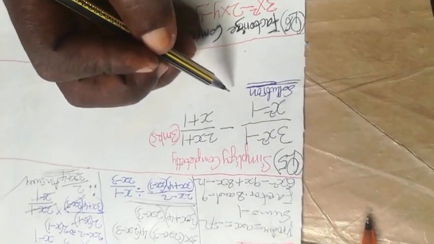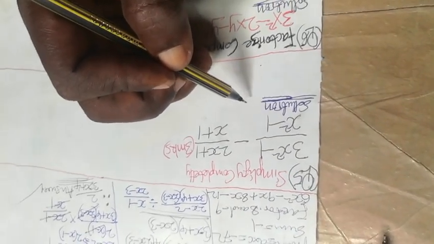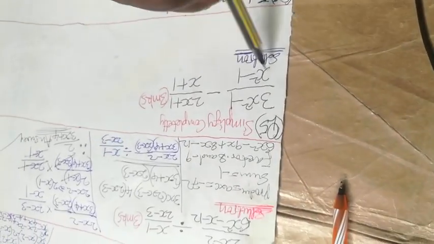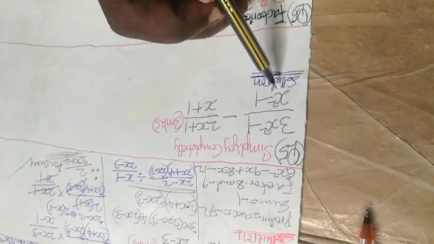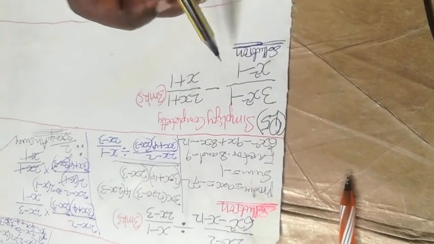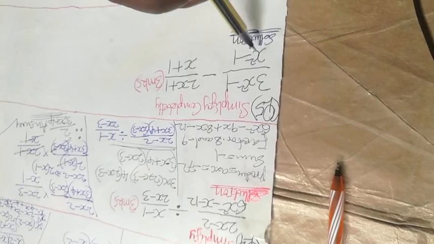Here we say, first start with solving the difference of two squares, which is x squared minus 1. This is the first part we are going to start.